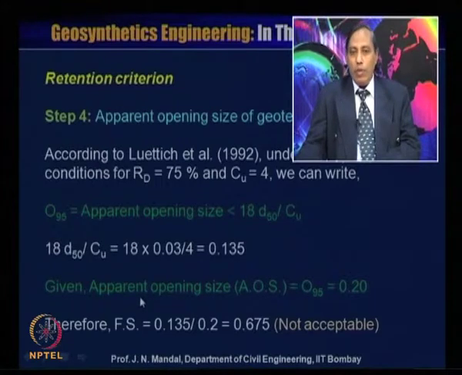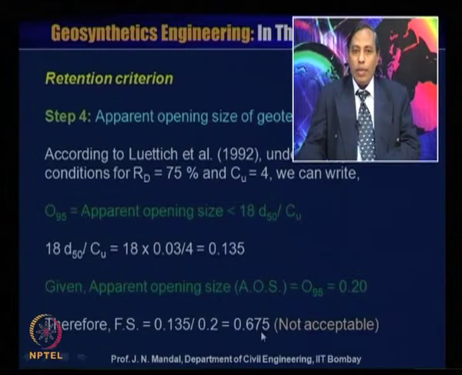Now, the given apparent opening size of the geotextile, O95, is 0.20. Therefore, the factor of safety is 0.135 by 0.2, that means the factor of safety is 0.675.